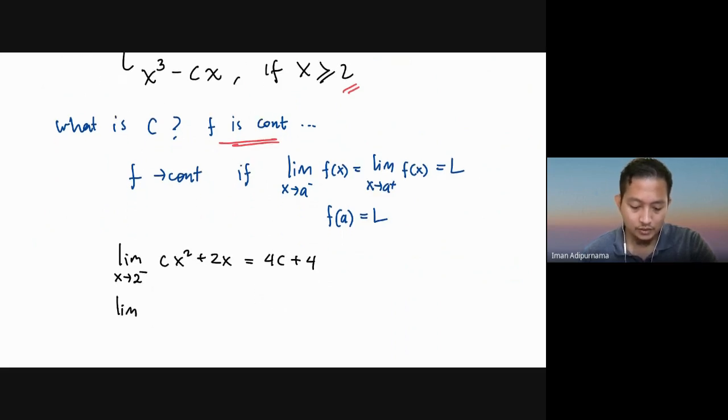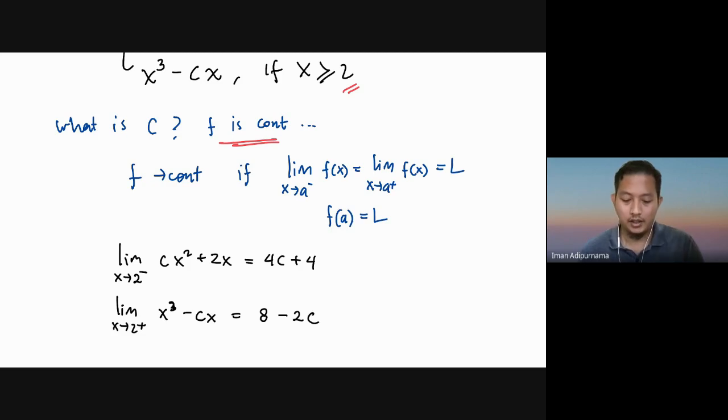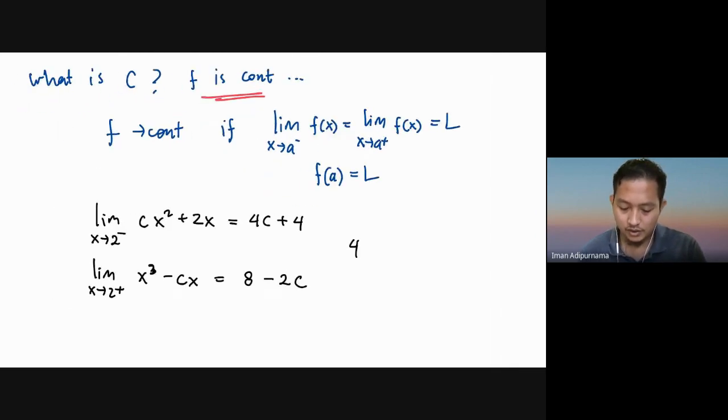And from the right side, we have x cubed minus cx, so we get 8 minus 2c. We need these to be equal.